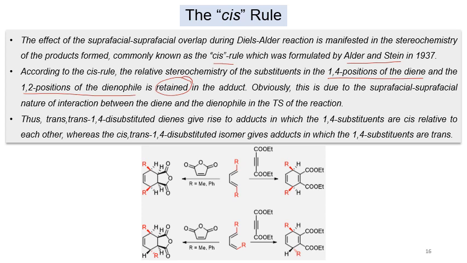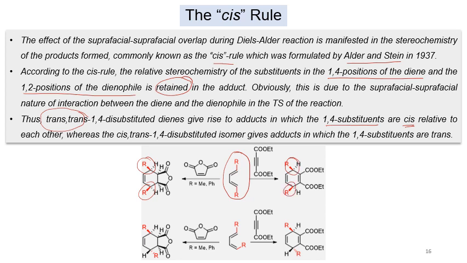Therefore, if it is a trans 1,4 disubstituted diene, for example this particular diene, then the 1,4 substituents are cis with respect to each other. Okay, so you can see here these are now cis with respect to each other in the cycloadduct.